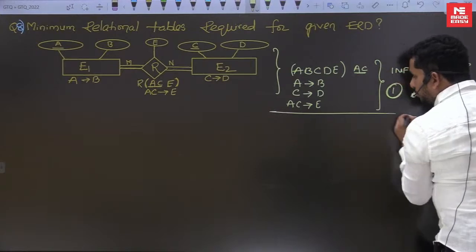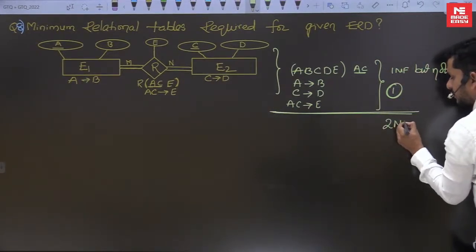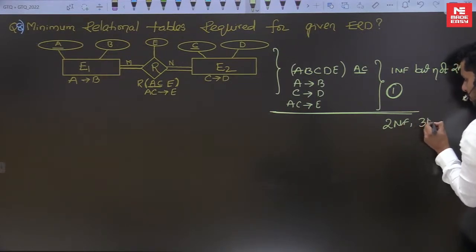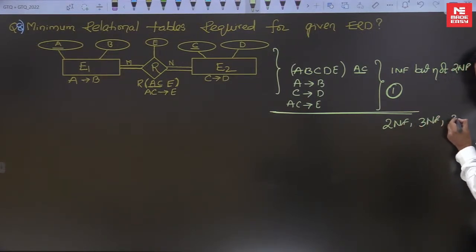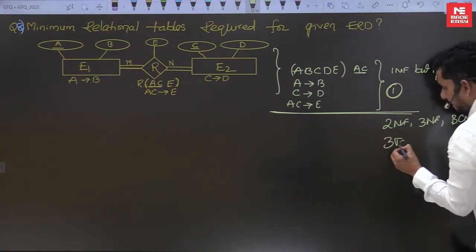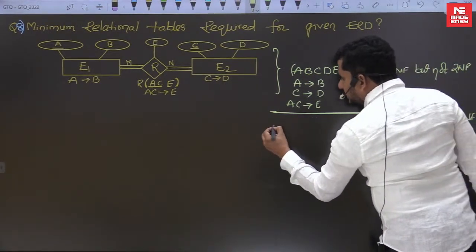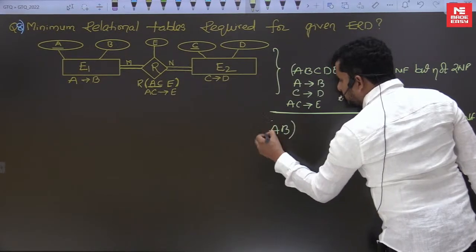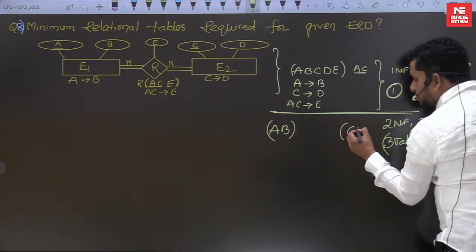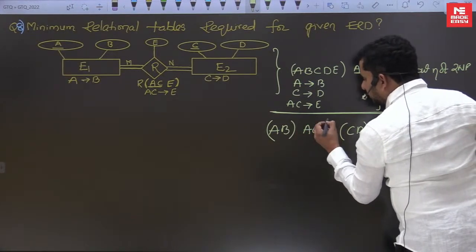If you want 2NF or 3NF or BCNF, again it requires 3 tables. So minimum 3 tables required. E1 data AB should be one separate table, E2 data CD should be one separate table, and ACE should be one separate table.